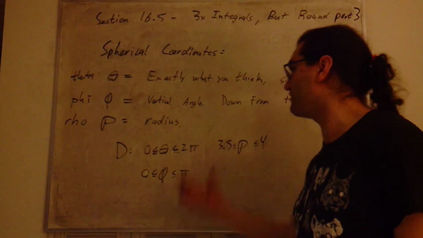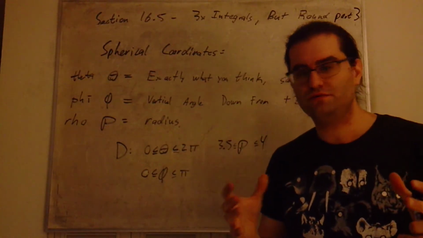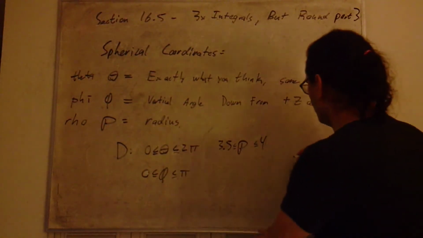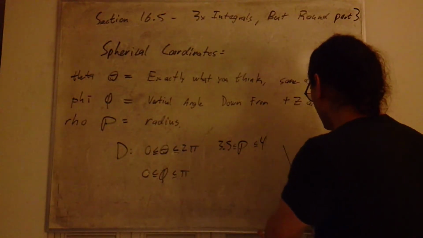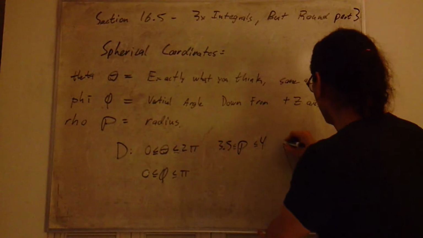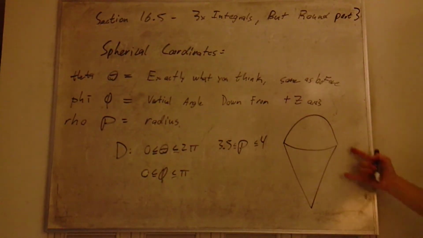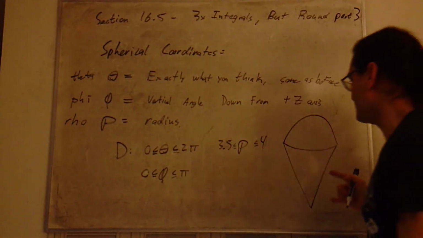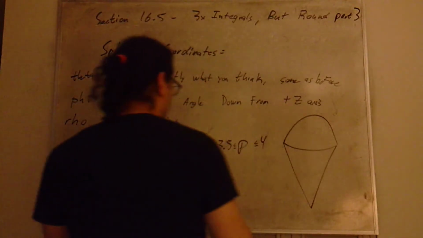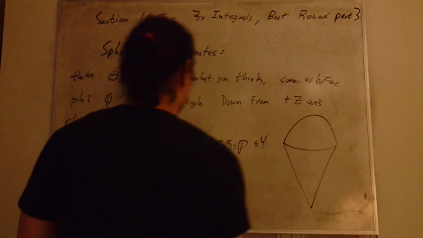I think one of my favorite things to model with spherical coordinates is an ice cream cone. If you want to model something like this, doing this in spherical coordinates is really, really easy because you can just say, for this thing, let me erase this other thing.